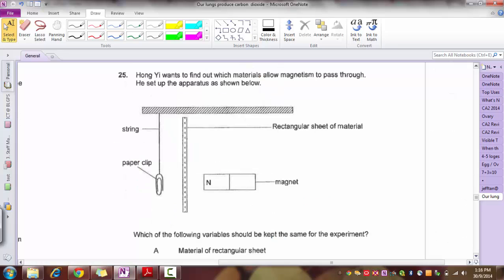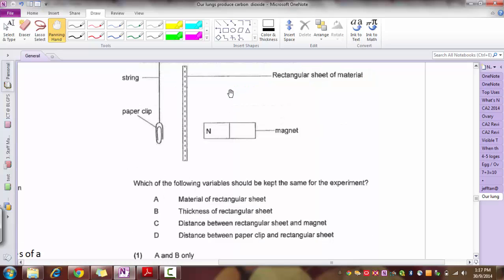Right, question 25. This person wants to find out which material allows magnetism to pass through. So that is the aim of the experiment. Remember, the aim of the experiment will determine the variable that is changing. Which of the following variables should be kept the same?